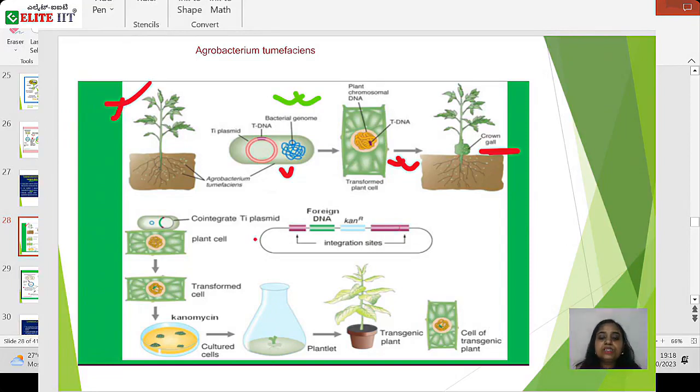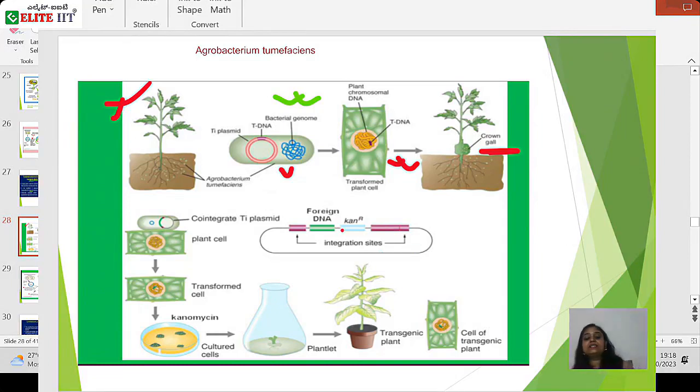Now if you want to make the transgenic plant, in that case you have to insert your foreign DNA, whatever you want to express. That foreign DNA should be incorporated at the tDNA part, mainly at the cytokinin auxin part.